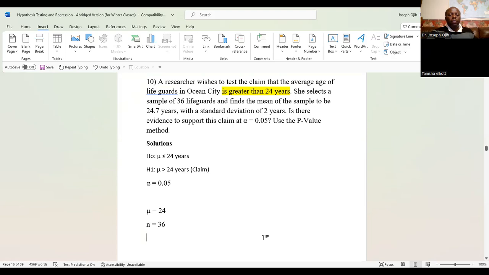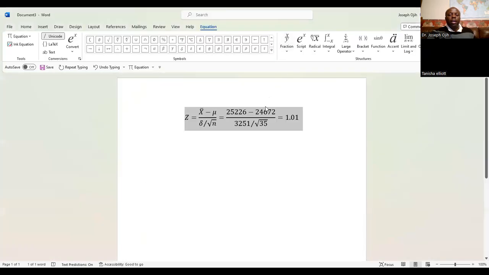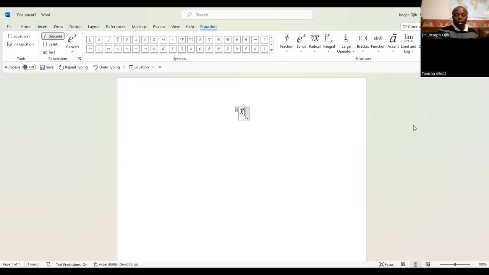So we have to go to where you can get a character for X bar. So I'll take you there. All right, that's right here. Yeah, we got X bar equals 24.7. Yes. Take you back to the main workbook.